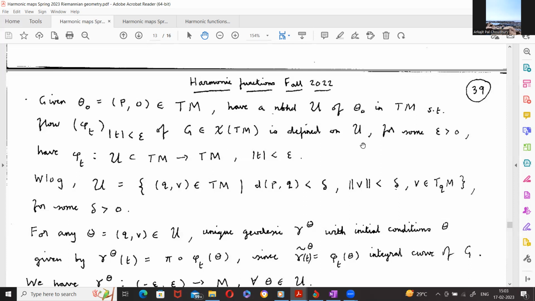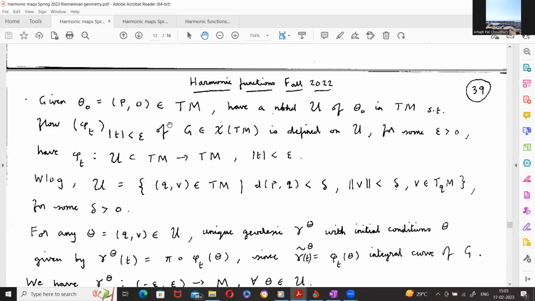So what that means is that for all points in a neighborhood of theta naught, the integral curves will be defined for the same time epsilon. So what does a neighborhood of this point (P, 0) look like? That means that the base point Q of the tangent vector will be close to P, so the distance from P to Q is less than some delta.